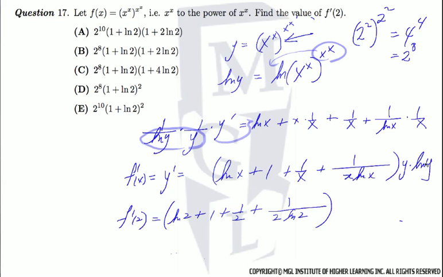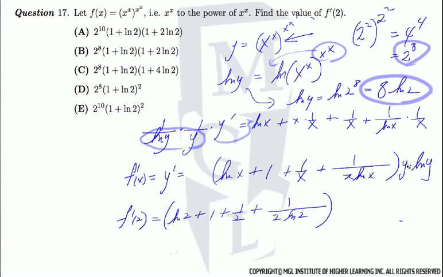So what's ln of y now? That's ln of 2 to the power of 8, which is 8 times ln of 2. So we have what ln of y is equal to, and we also have what y is equal to. Let's replace with the values here. So y is 2 to the power of 8. Ln of y is 8 times ln of 2.